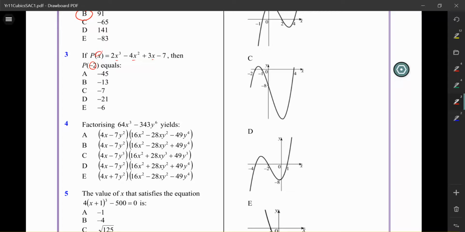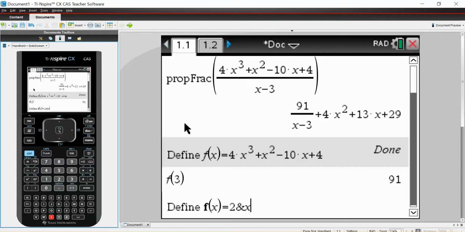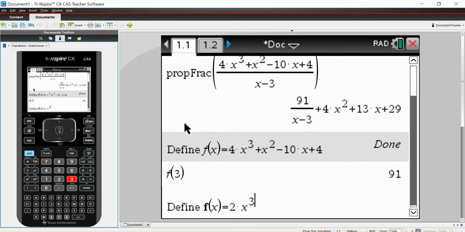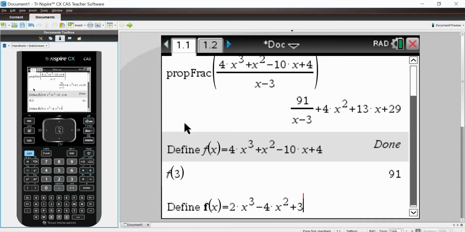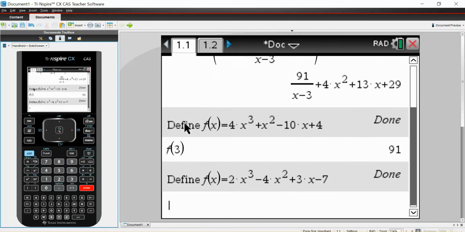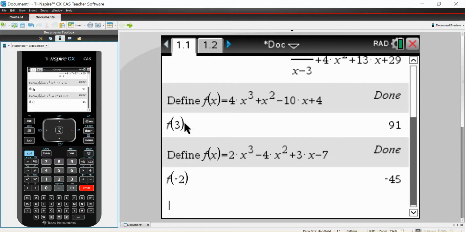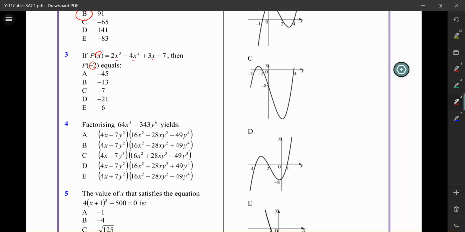So it's 2 times x cubed minus 4x squared plus 3 times x minus 7, and what I want to find is subbing negative 2 in. If I sub negative 2, it's negative 45, so my answer is A.